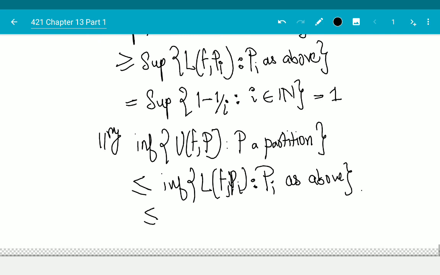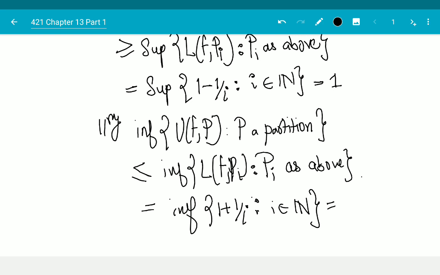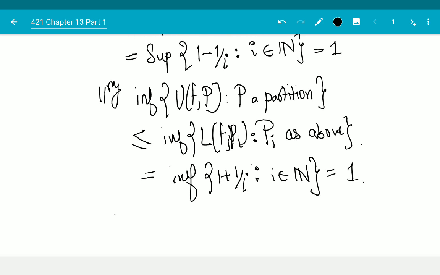Well, that is exactly the infimum of 1 plus 1 over i, i in N, which again, you should be able to confirm is 1, right?